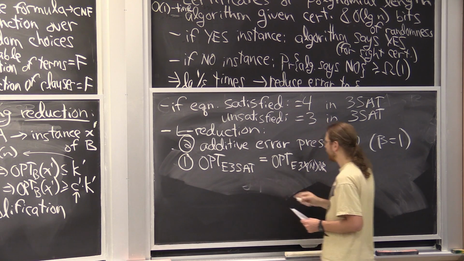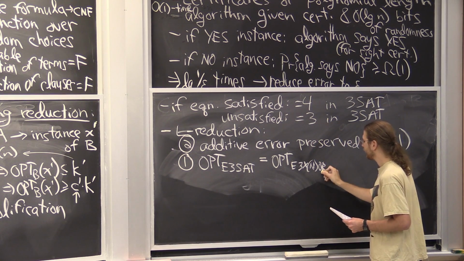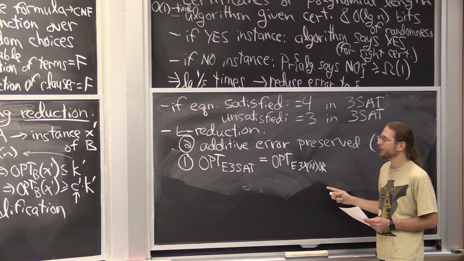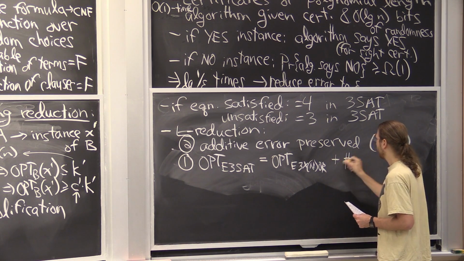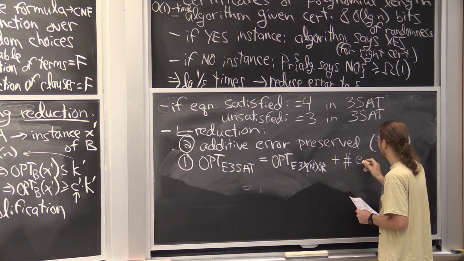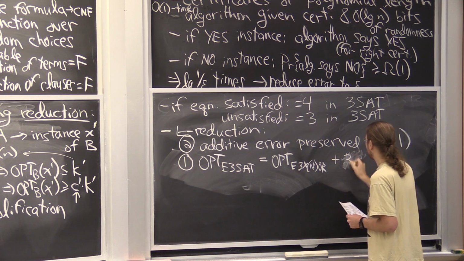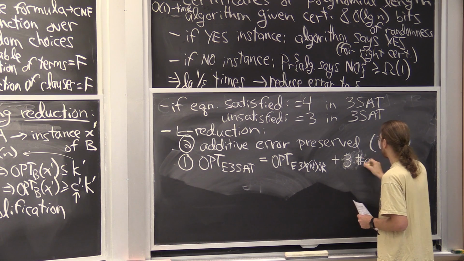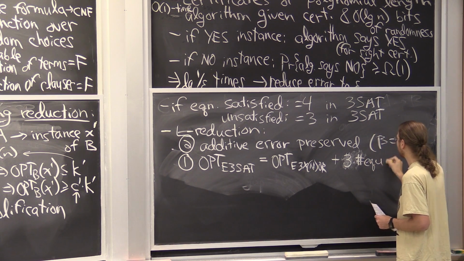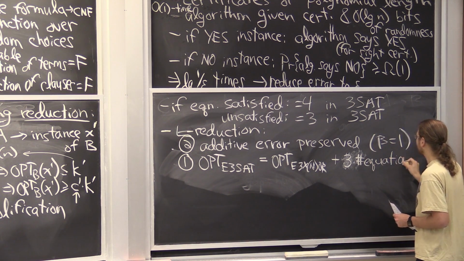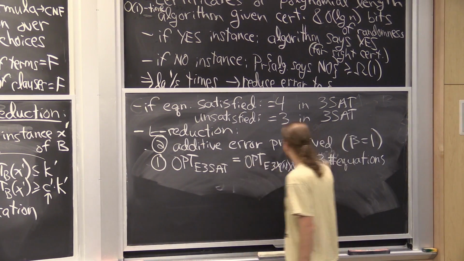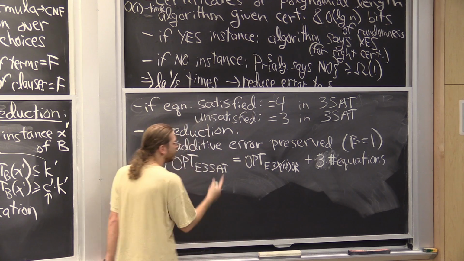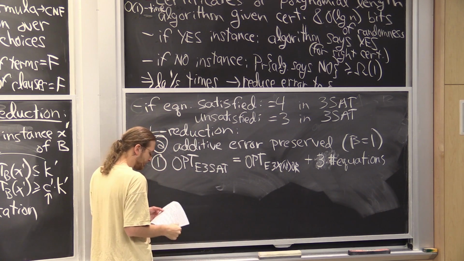OPT for the 3-SAT instance is going to be 4 times all the satisfiable things plus 3 times all the unsatisfiable things. This is the same thing as saying you take 3 times the number of equations. Every equation gets 3 points for free, and then if you also satisfy them, you get 1 more point. So this is an equation on those things, the 2 OPTs, and we get plus 3 times the number of equations.